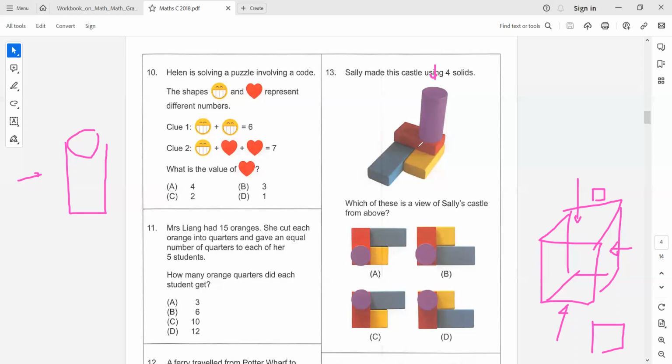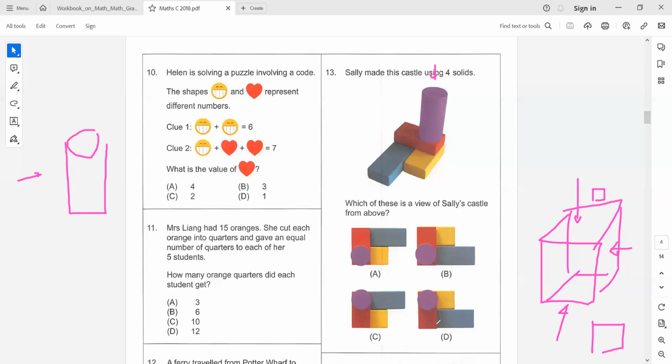Now, when you look at A, this is a rectangle, red, yes, correct. And this is a circle on this side, and the yellow is correct. How about the D?